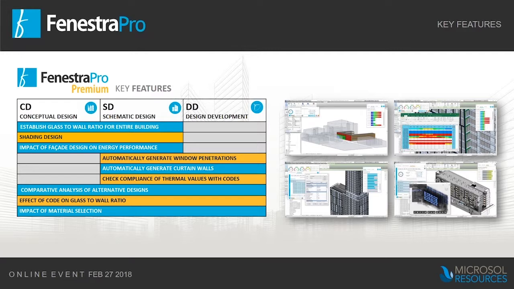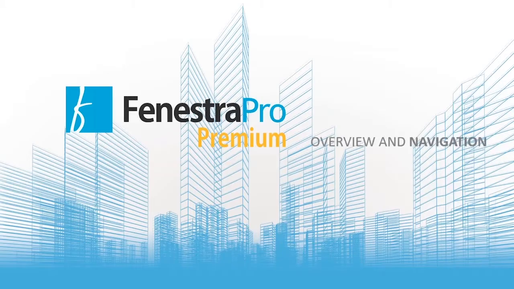So Fenestra Pro will start automating that process and very much check compliance of the thermal values against codes throughout the process. We can, at any point in that process, comparatively analyze between alternative designs or design options. We can look at the effects of glass to wall ratio on codes and material selection, and what will that do to the energy performance of my building.